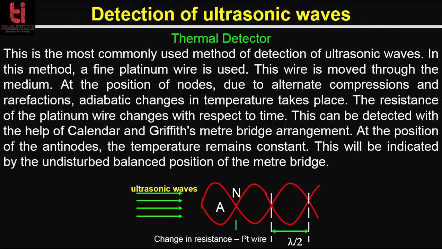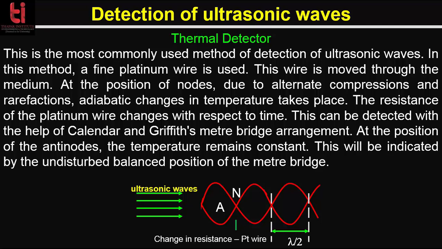Also, there are thermal detectors to detect the ultrasonic waves. This is the most commonly used method of detection of ultrasonic waves. In this method, a fine platinum wire is used. This wire is moved through the medium at the position of nodes. Due to alternate compressions and rarefactions, adiabatic changes in temperature take place.